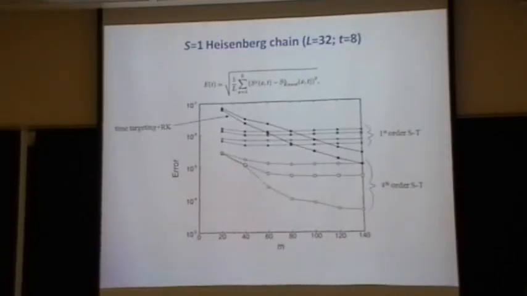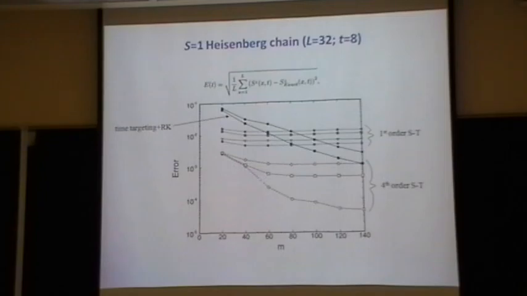So let's look at some examples here. Let's look at the error here. We're getting an error in the correlations, and we calculate the error at a fixed time, here 18 units of J. I think this is a spin-1 Heisenberg chain.